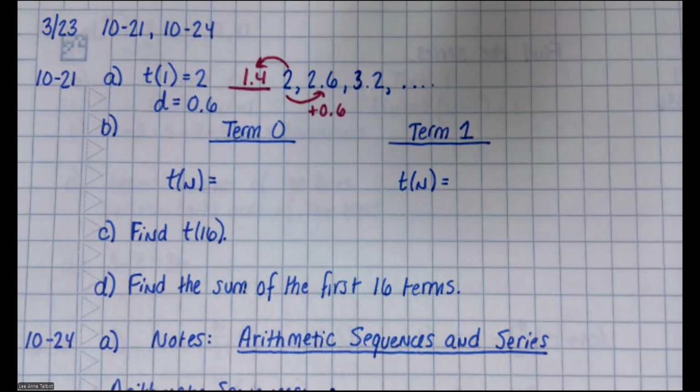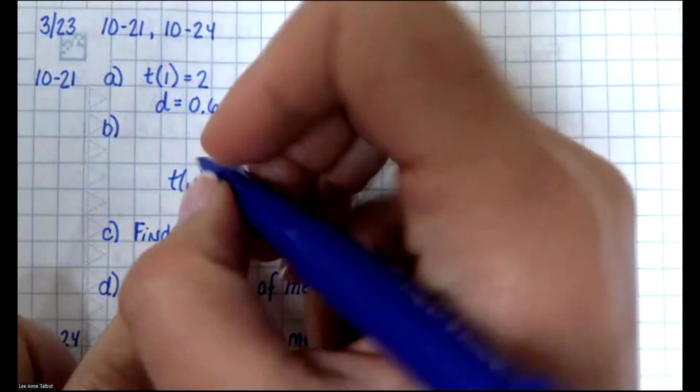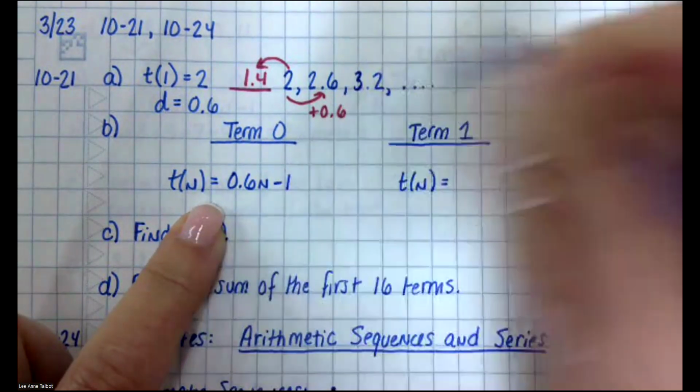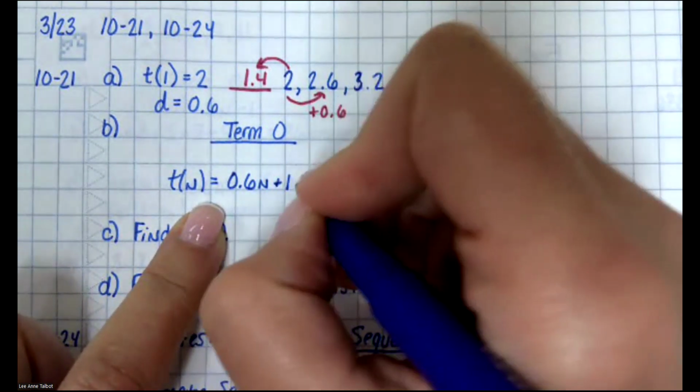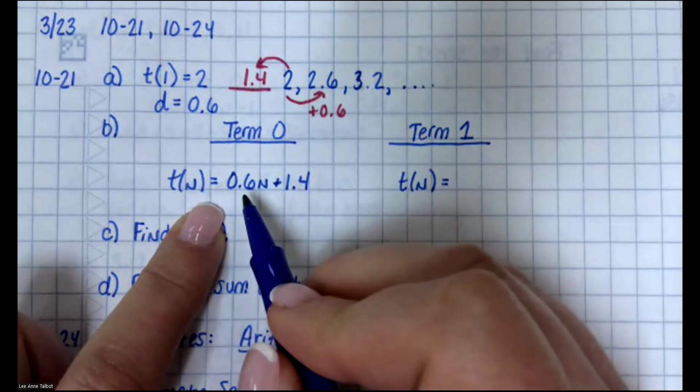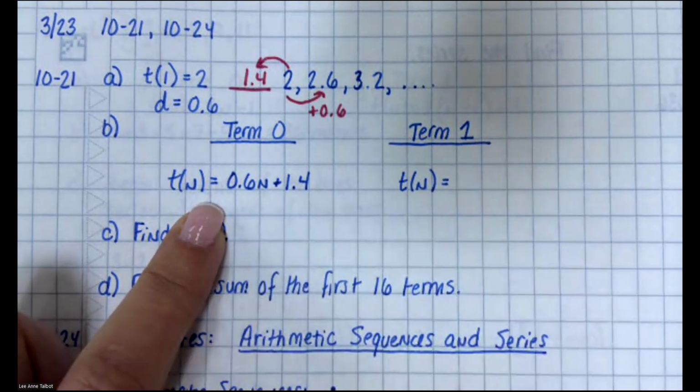Now, I taught you how to write the equation 2 different ways, and as you could tell from number 6b, sometimes you have to write it in terms of term 1. But we're going to do both ways here. So T of n equals 0.6n plus 1.4. So growth times n plus term 0.